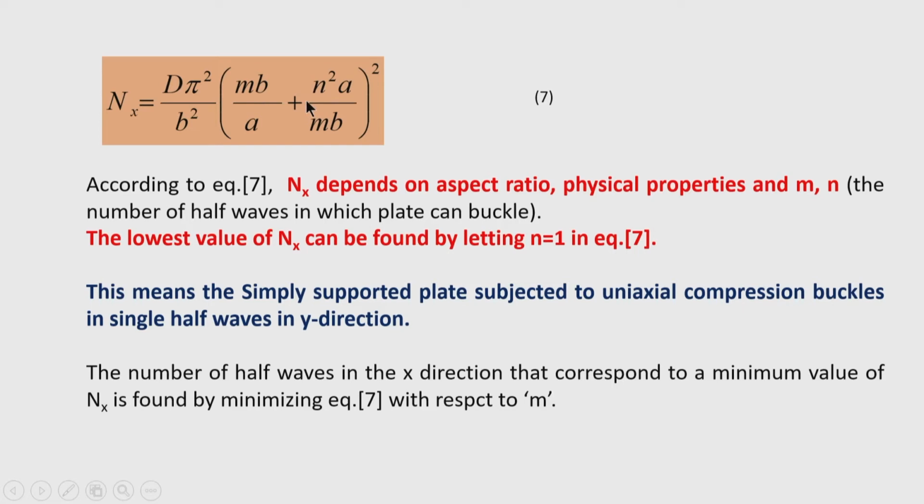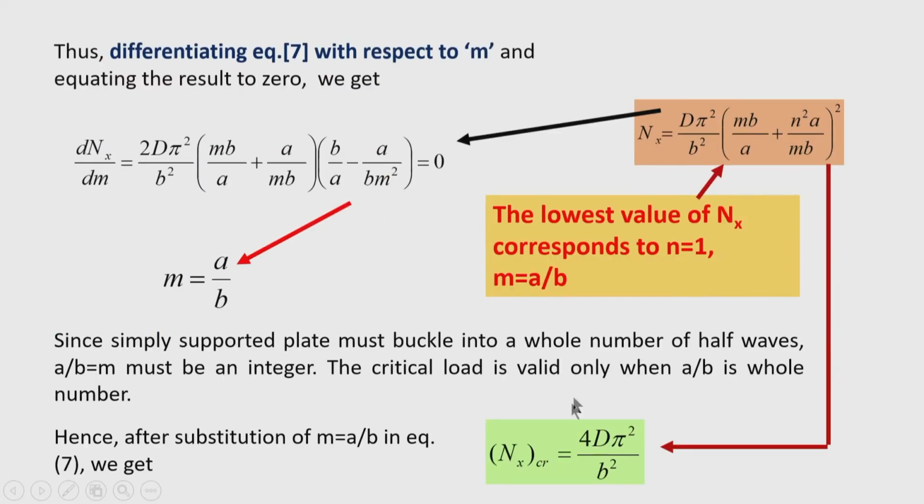So, 1 plus 1 is 2, 2 square is 4. So, therefore, we get the buckling load for such a case, N x is the uniaxial compression that we have in our problem, and its critical value for m is equal to a by b is equal to 4 D pi square by b square.